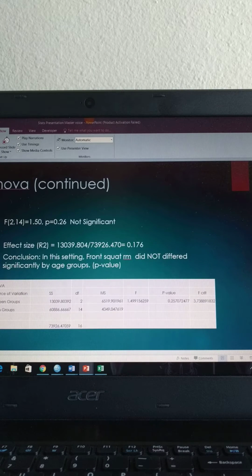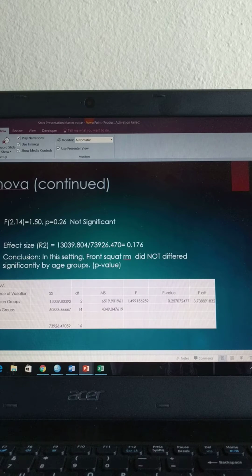Okay, and the conclusion for all of this is that front squat did not differ significantly by age group based on the p-value. So the age groups basically meant nothing.